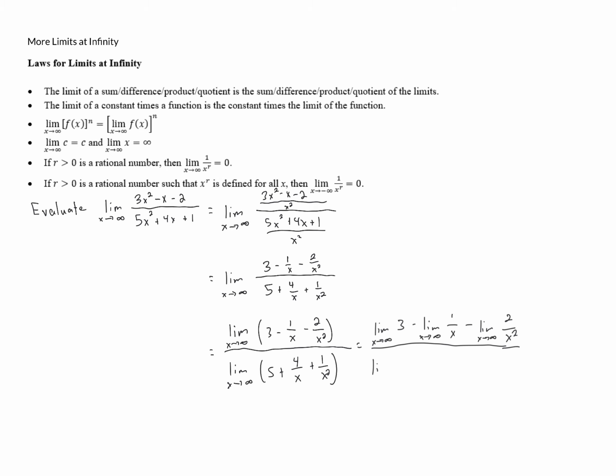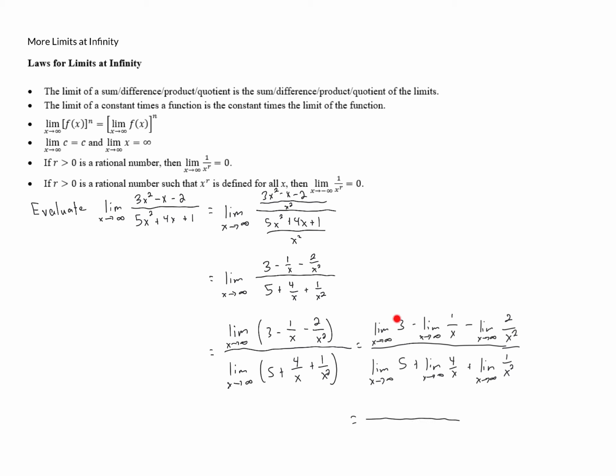And all of that is going to be over the limit as x approaches infinity of 5 plus the limit as x approaches infinity of 4 over x plus the limit as x approaches infinity of 1 over x squared. And then we can evaluate each of these limits.